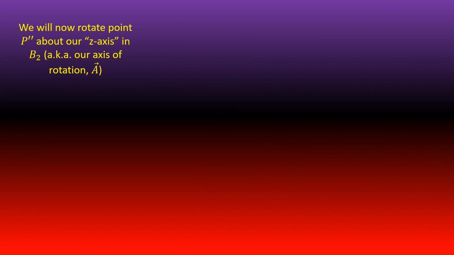All right, so we will now rotate P double prime about our "z-axis," in quotes, because it's not really the z-axis. Well, I guess it is the z-axis in the B2 coordinate system. So we will call the rotated point P double prime rot.